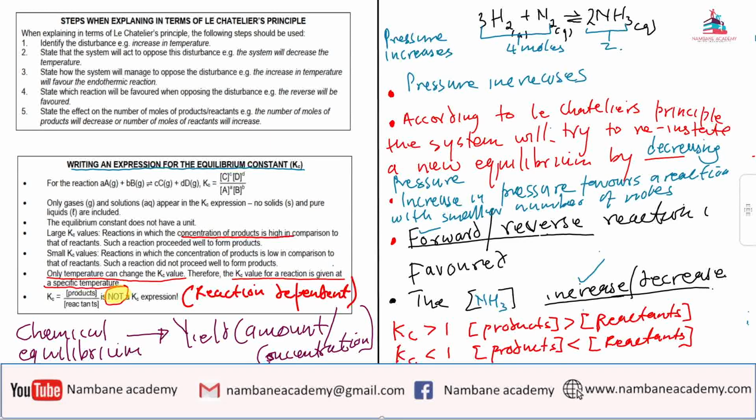Writing the Kc expression, this will be 1 mark, but we'll emphasize onto it immediately when we do more exam type of questions. But what needs to be emphasized is only gases and solutions appear in the Kc value. No solids and pure liquids are included.